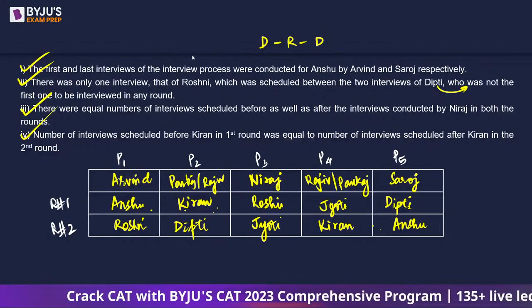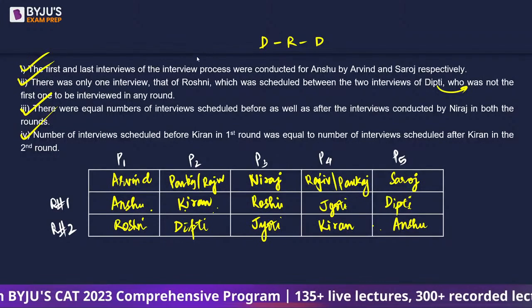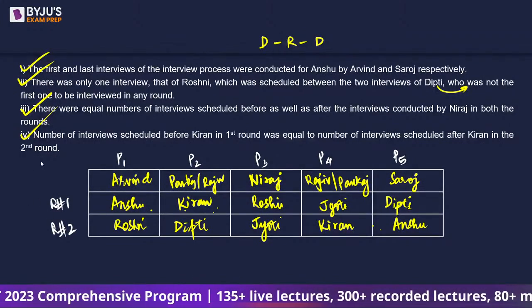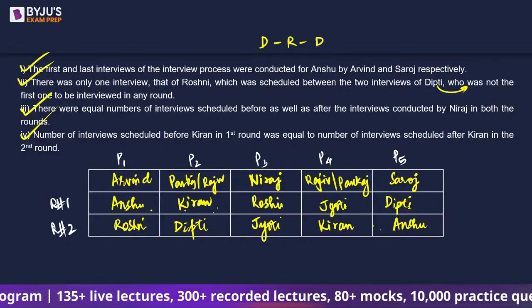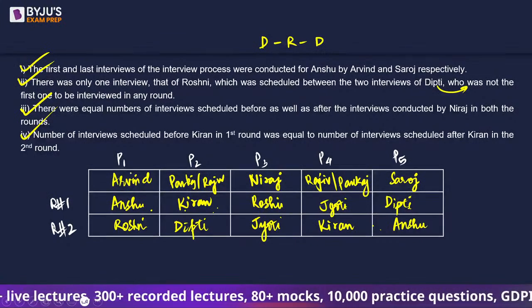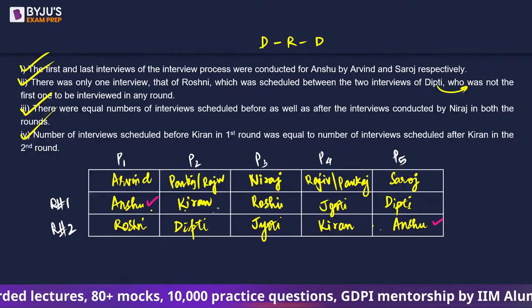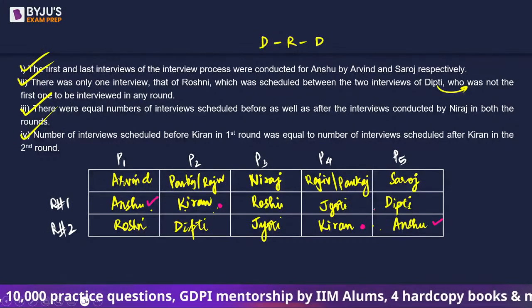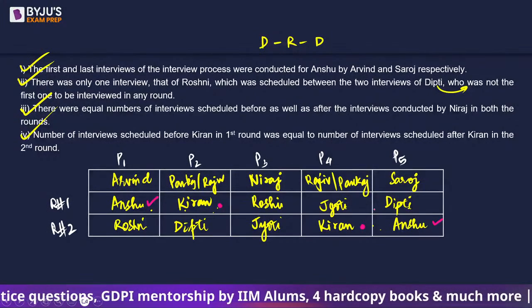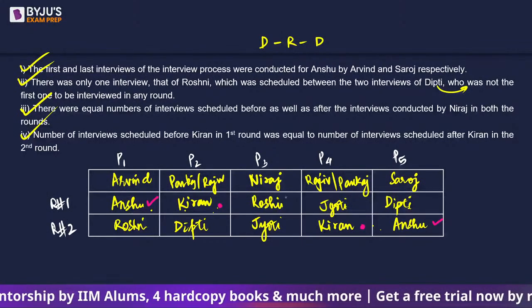Since it says uniquely determined, so should we include... देखो अंशु का we know it is Arvind and Saroj. Kiran ka we know it is Pankaj and Rajiv only, but which round, which was the panelist? We don't know that. Roshni we know.